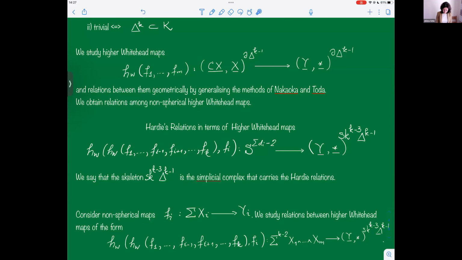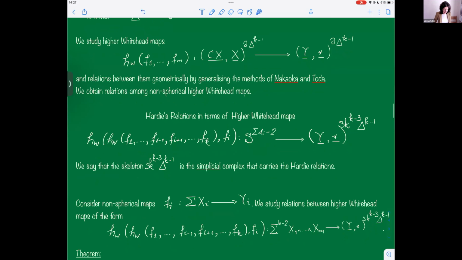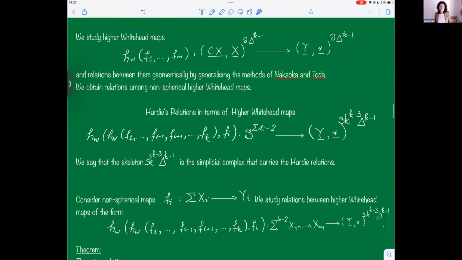Okay, so good. We have this Hardie's relation between these high Whitehead maps, and we want to see if we can rewrite every single exterior Whitehead map in terms of polyhedral products, and I showed you that.